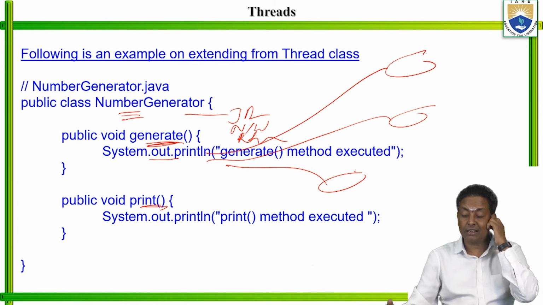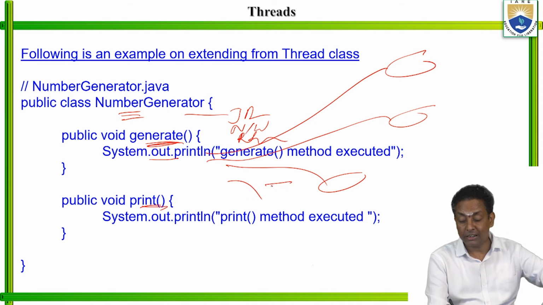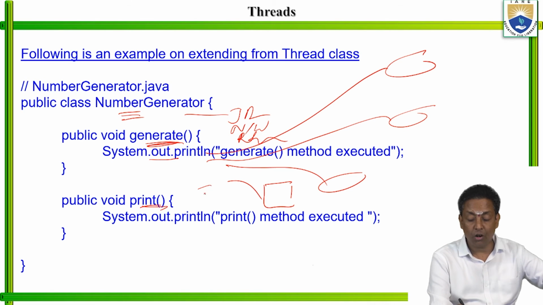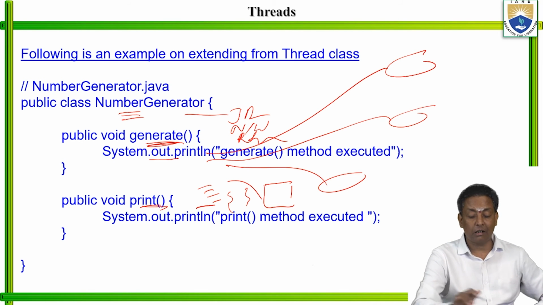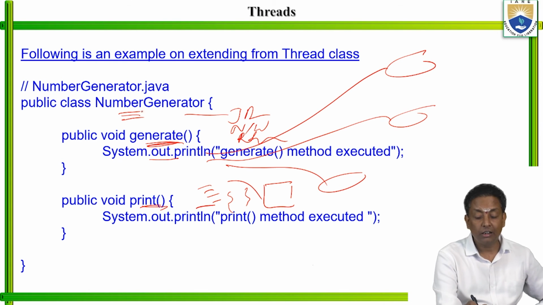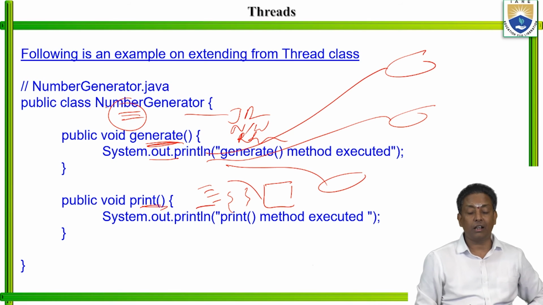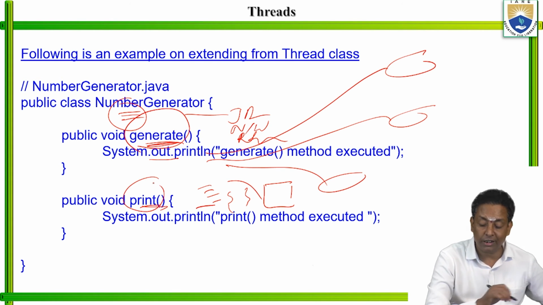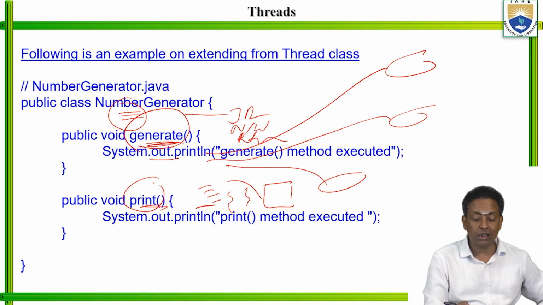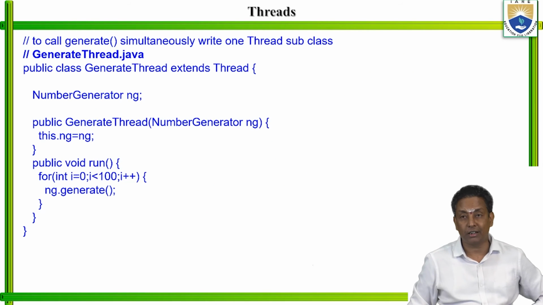Sometimes they write into the file system, they generate XML documents, JSON documents. They use some common objects declared in the number generator class, based on which these two methods are written. But these two methods want to run simultaneously. For that sake, we have written two threads.